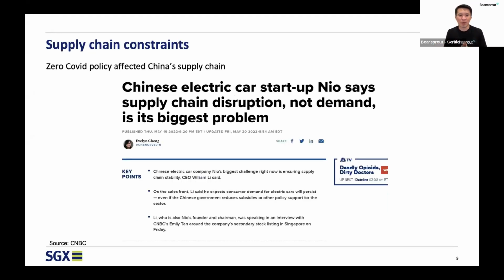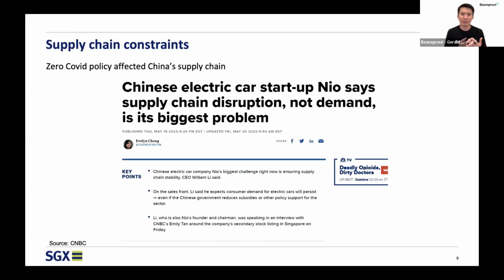Okay, so number one, we saw that China's zero COVID policy affected the entire supply chain. So what we have seen over the last 12 months is that because China was trying to control the pandemic in different regions, you saw production disruption in different cities from time to time.